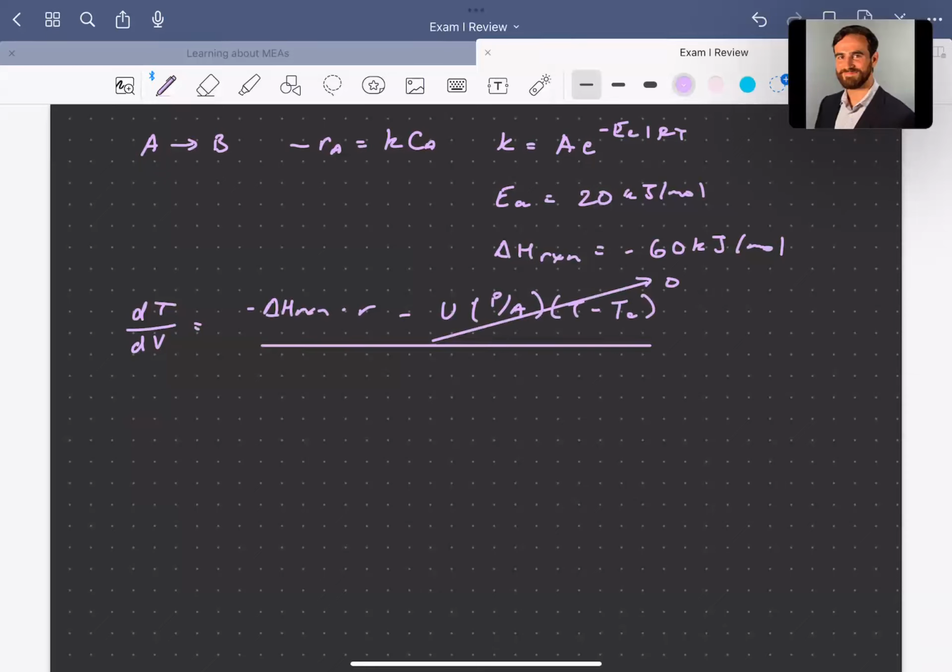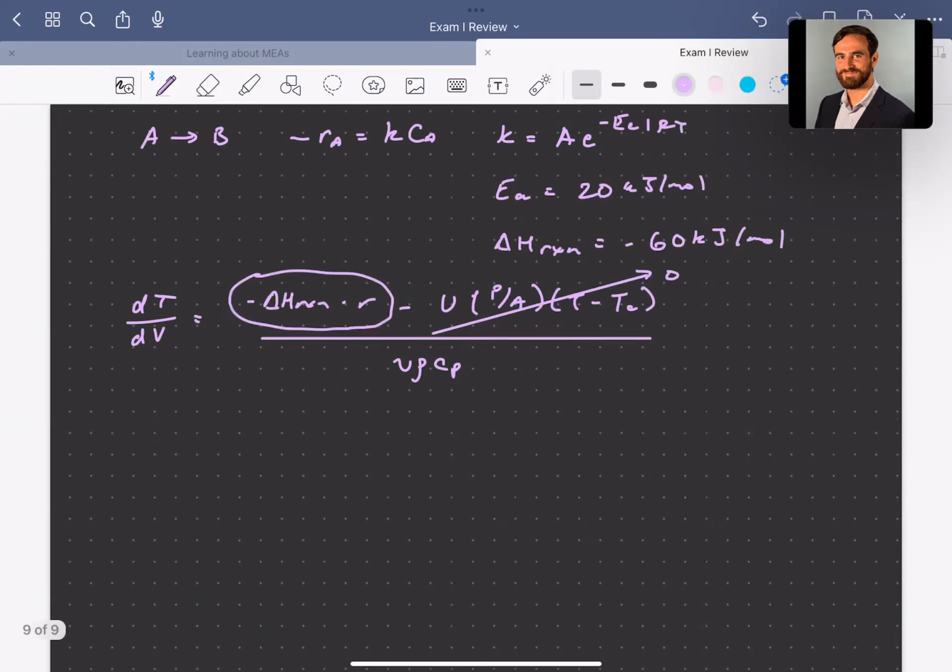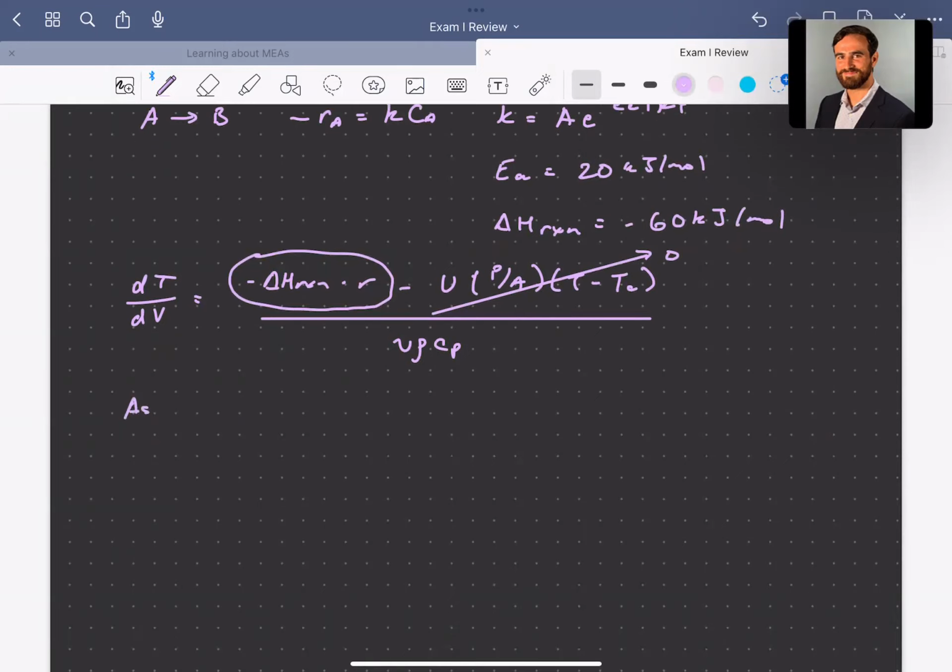There's no heat exchange with the surroundings. And that's the heat capacity of the fluid. So since delta H of reaction is negative, this entire term is going to be positive. So we're going to have an increase in temperature with volume or with position along the reactor. So as tau increases or volume increases, the temperature is going to increase.